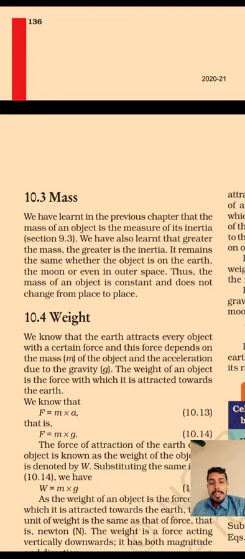Kilogram is a unit of mass, and the unit of weight is Newton. You are getting a weighing object, whether you are taking rice or vegetables, and you are getting a weighing value, that is weight.